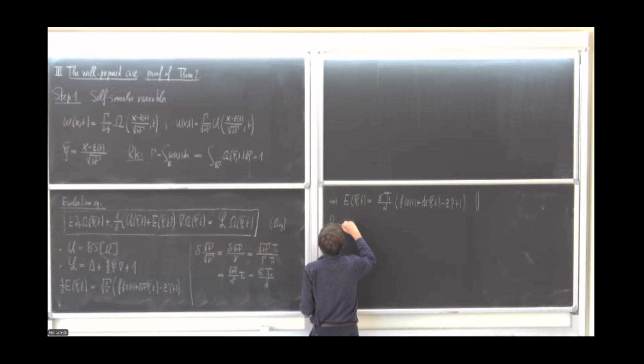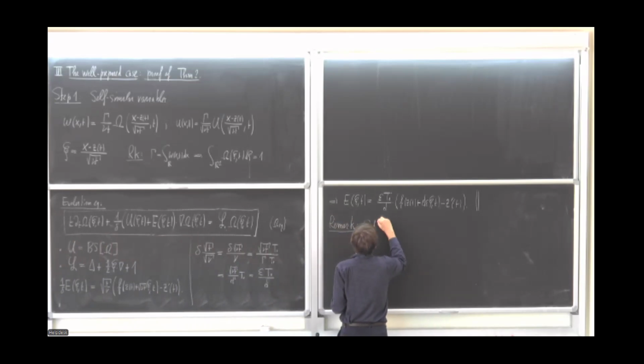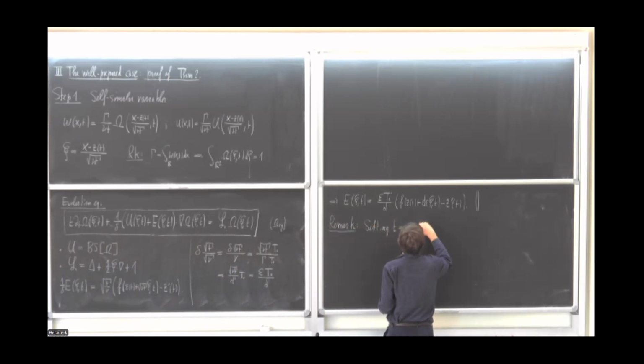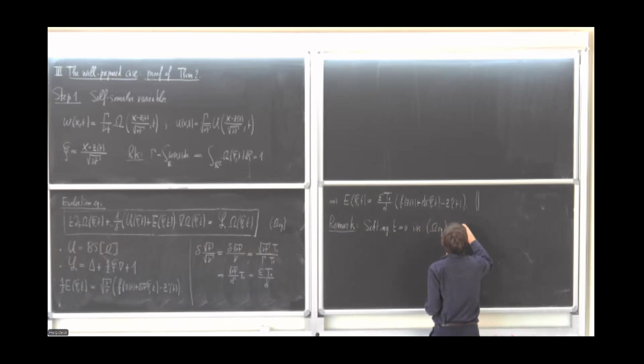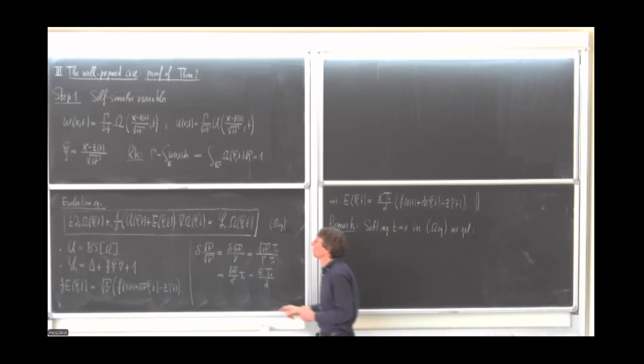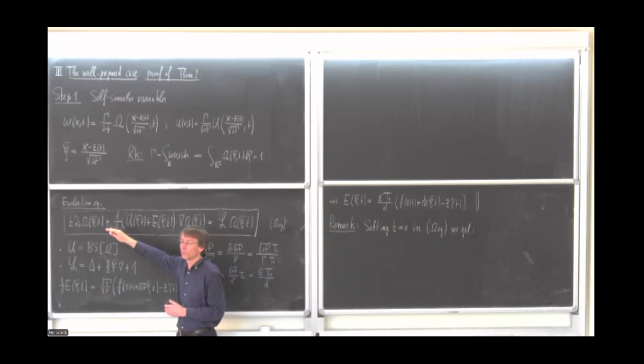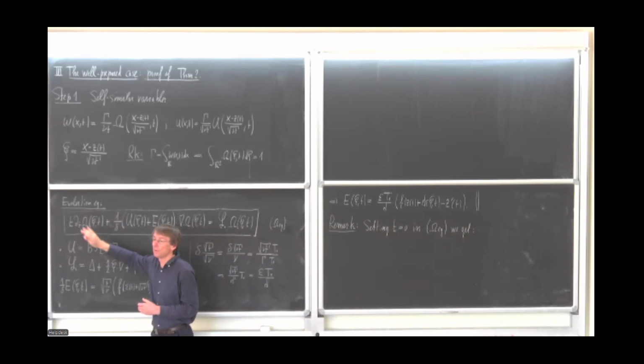I make it more formal here. You can see that setting t equal to 0 in the equation for omega, which I write here, we obtain, brutally, you put t equal to 0 in this equation. So t dt becomes 0.